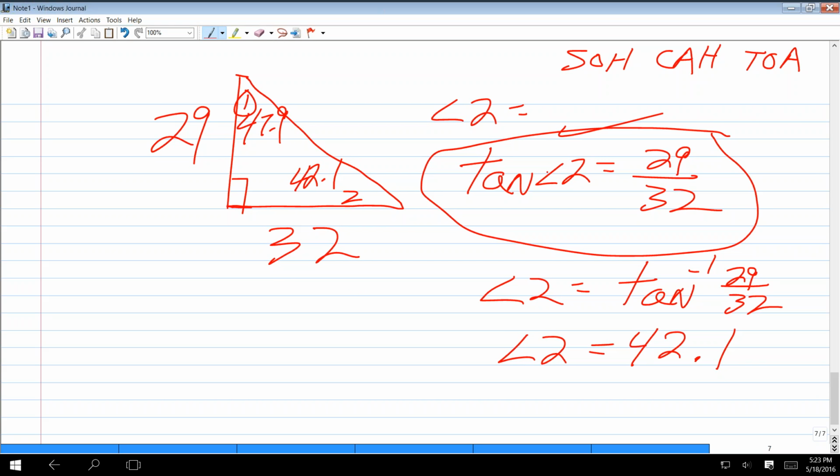Then I took the inverse trig function of both sides to get angle 2. And the inverse trig function of the trig function is just the angle. In other words, this is kind of by definition. If the tangent of angle 2 is equal to 29 divided by 32, then by definition, angle 2 is equal to the inverse tangent of that ratio.